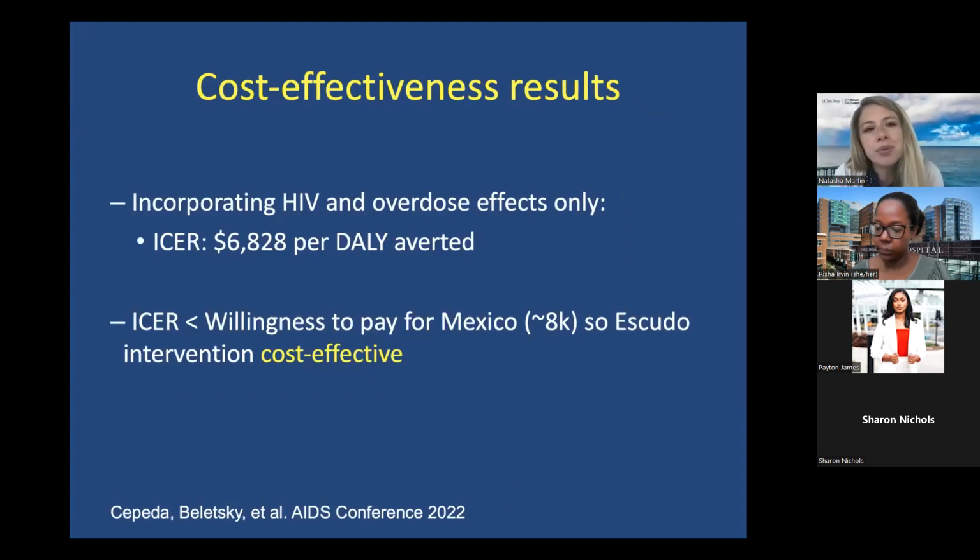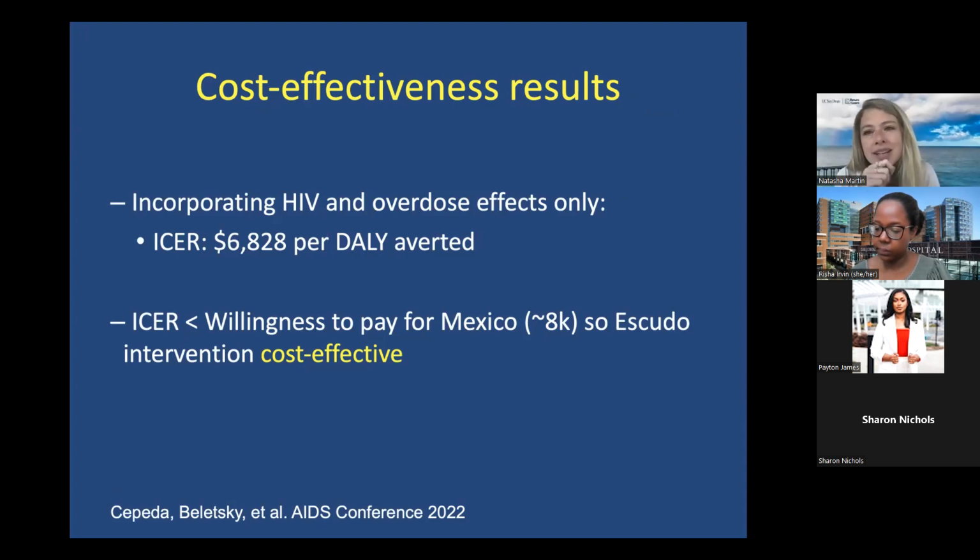And so we calculate this incremental cost effectiveness ratio that I was talking about before, the ICER. Using these models. So this tells us how much more money we are spending for our health benefit. And here we calculate, when we look at just the HIV and the overdose benefits, remember, it cost $133 per officer trained, but what is the cost for all the health benefits we're getting?